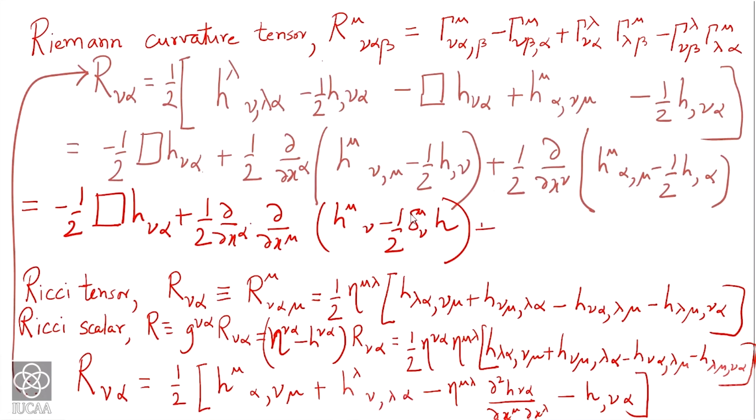Similarly, here I will take out the derivative with respect to mu, del by del x mu, so that this is h mu alpha. But here the derivative was with respect to alpha, and here it is mu.